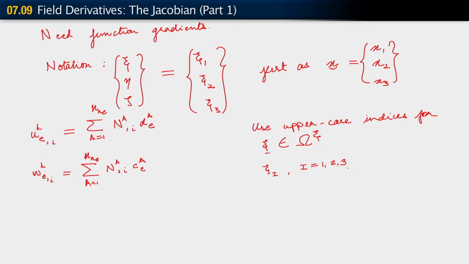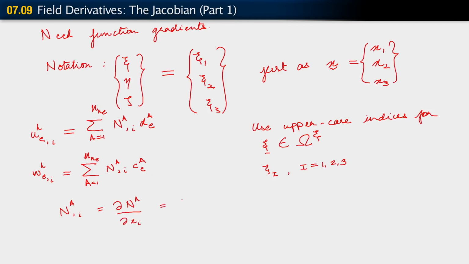Using that, and recalling that we are developing our basis functions by parameterizing them in terms of the coordinates in the parent subdomain, we have quite clearly N_A comma i, which after all is just the partial of N_A with respect to x_i.